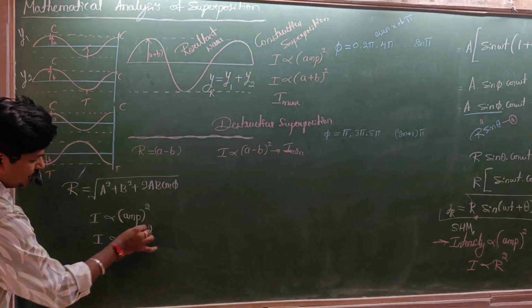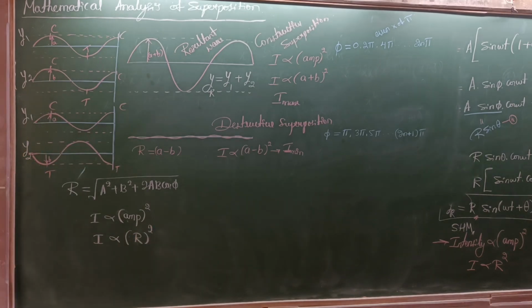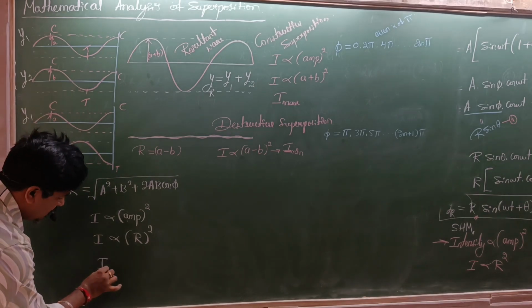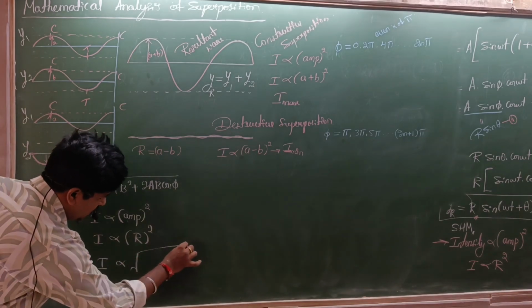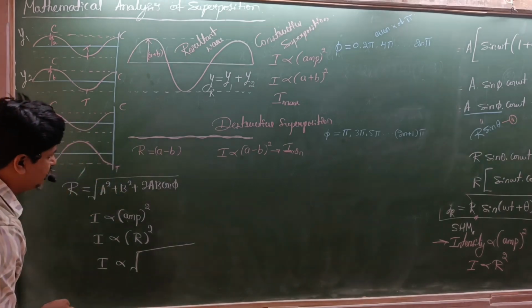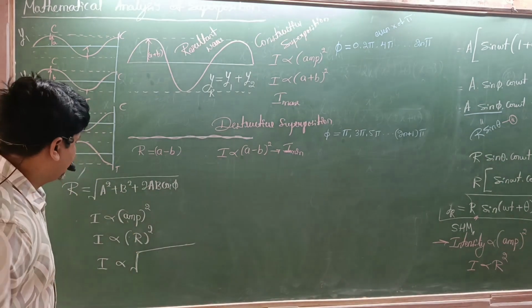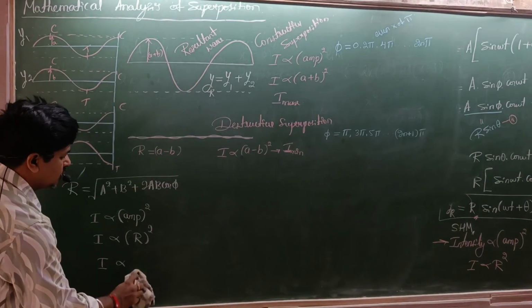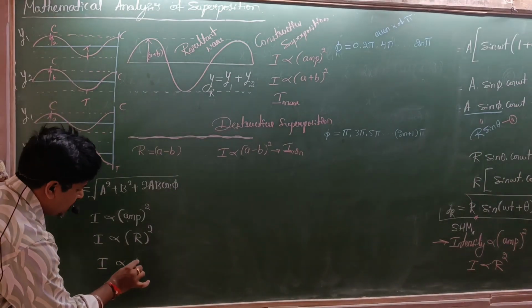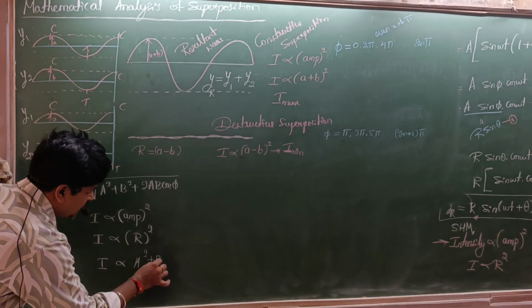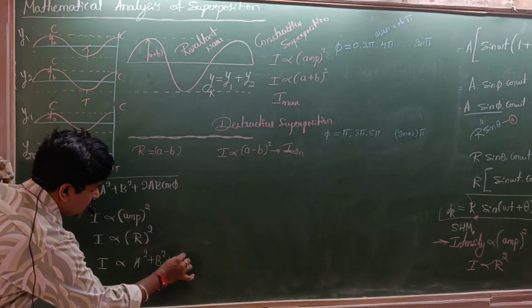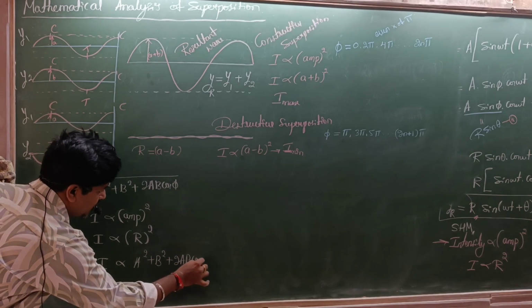Therefore I is proportional to the value of r square, a square plus b square plus 2ab cos phi.